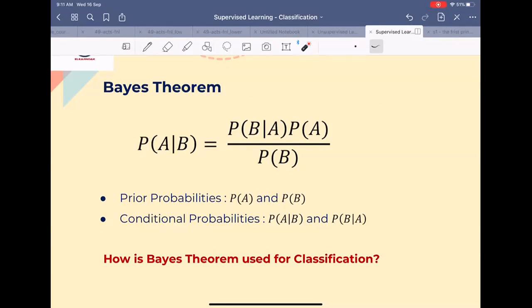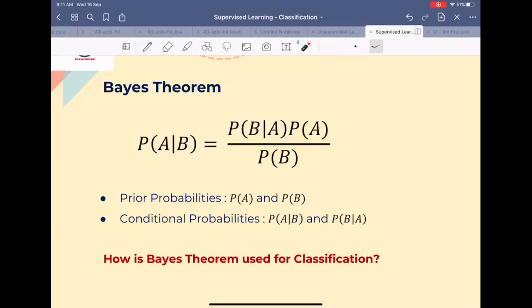Bayes theorem says that the probability of an event A given event B is equal to the probability of the event B given event A multiplied by the probability of event A divided by the probability of event B. I'll read that again. The probability of an event A given event B is equal to the probability of the event B given event A multiplied by the probability of event A divided by the probability of event B.